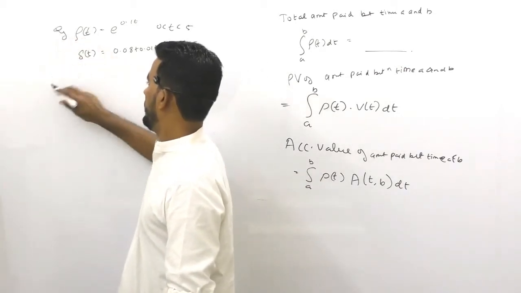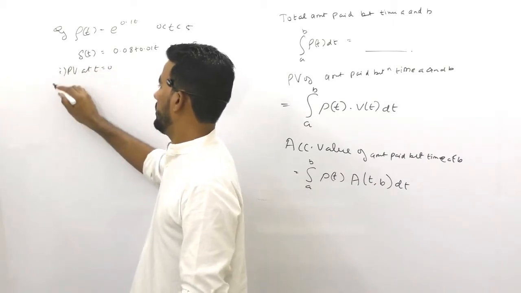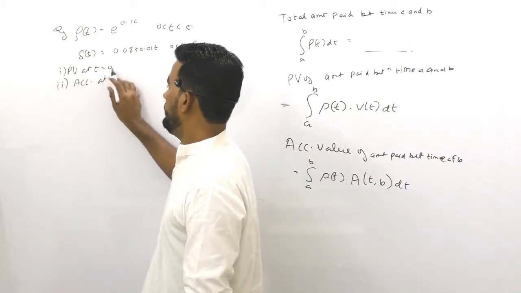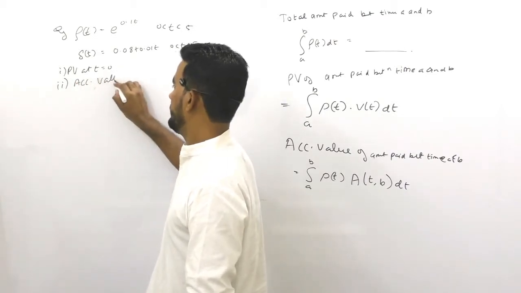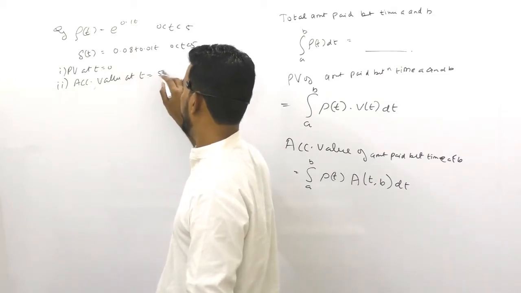Now, if you want to find the present value at time 0, what should you do? And then if you want to find the accumulated value at time, let's say 5, for the time being.